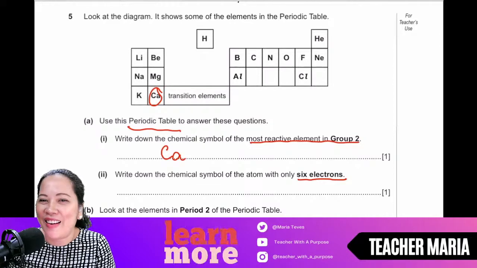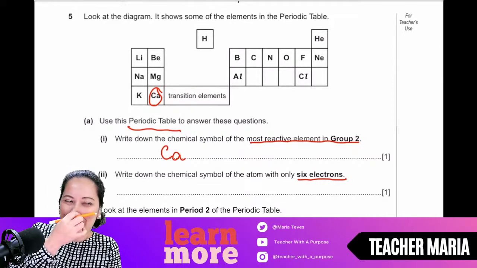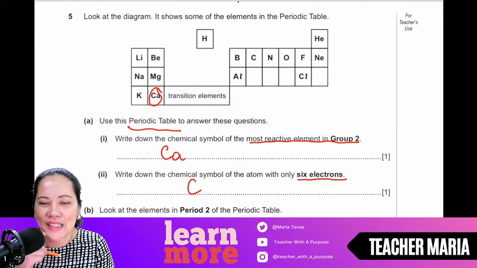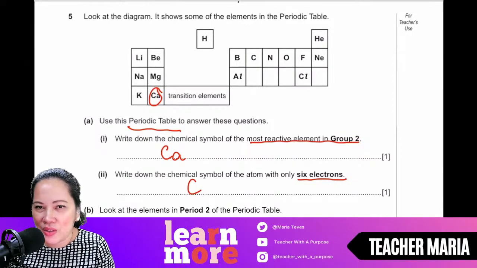Welcome, Anir. Yes, it is carbon. 6 electrons only. Okay, next one.